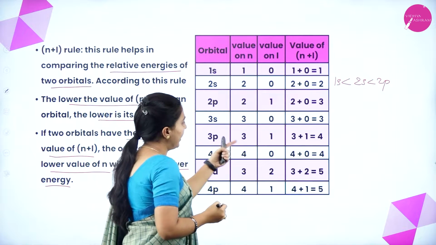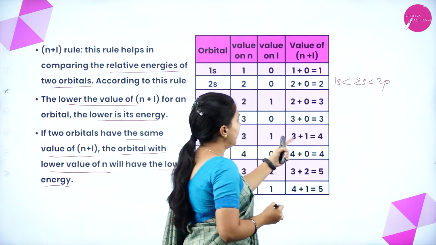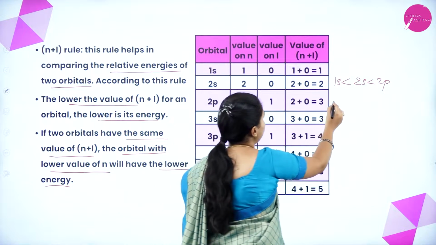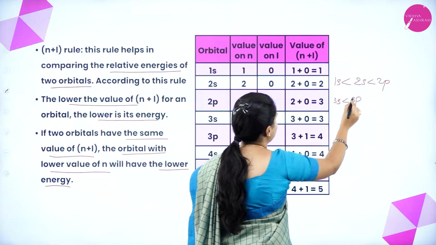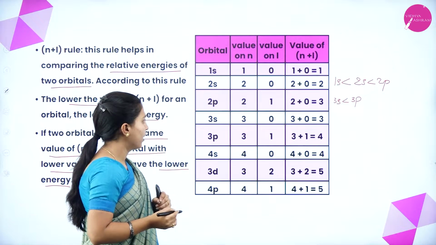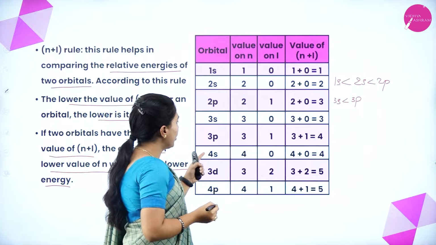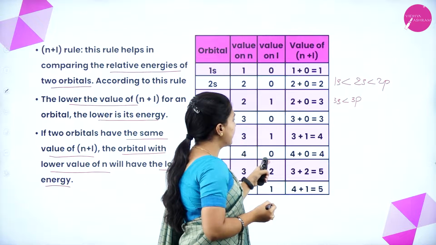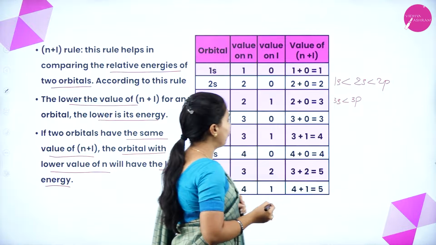In 3p, n is 3, L is 1, so 3 plus 1 is 4. That time 3s is lesser than 3p. Then 4s: n is 4, L is 0, 4 plus 0 is 4.